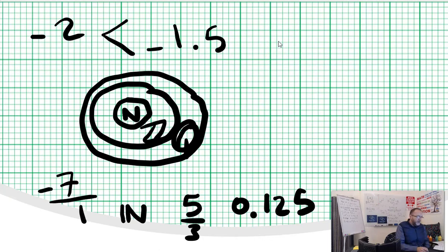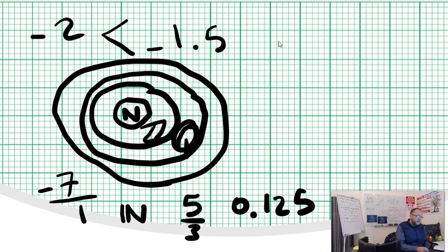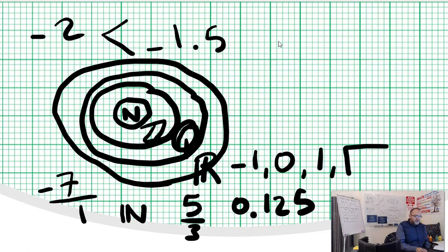And then we have the real numbers, R, with double vertical bars. R has the minus 2, minus 1, the 0, the 1. They also have the radicals, like the square root of 2, which never ends.